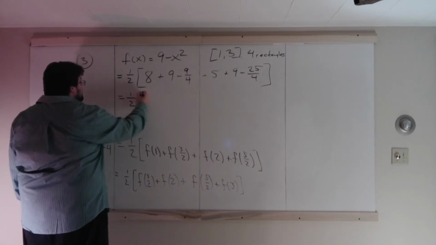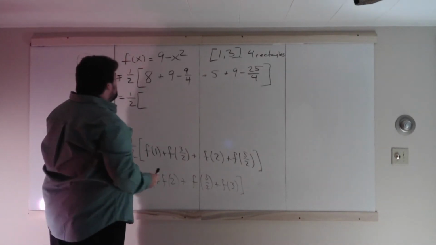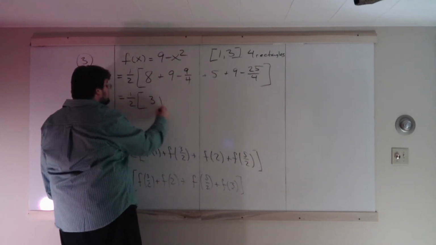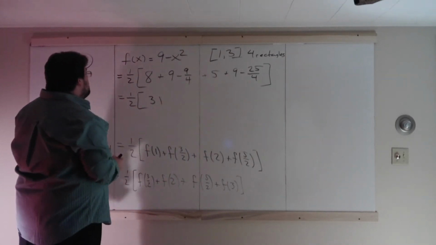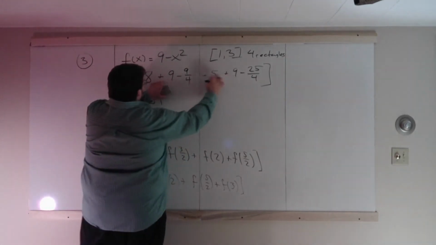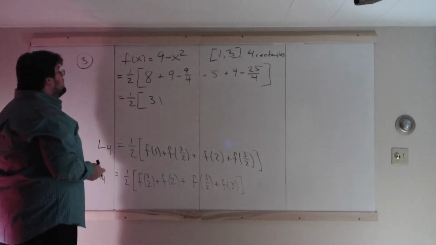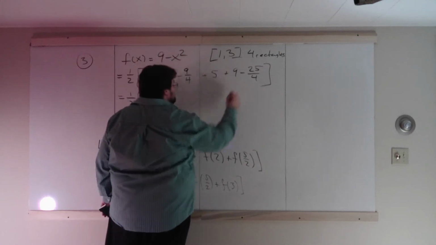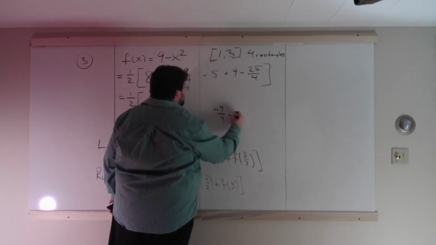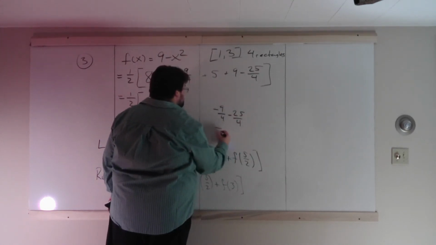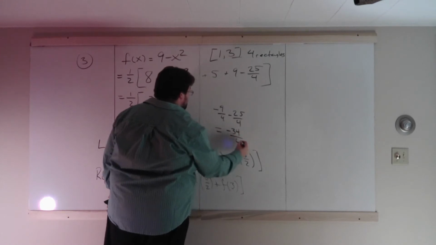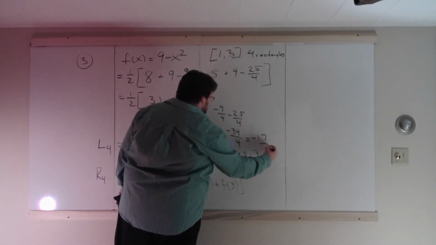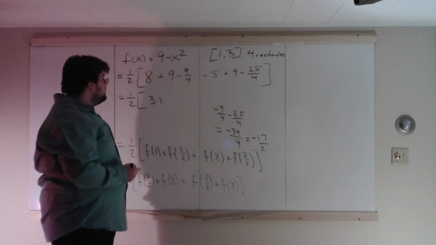And what does this equal? Well, let's combine all the whole numbers. 8 and 9 make 17, 5 and 9 make 14, 17 and 14 make 31. Or you could have done 18 and 13, or something else. And the rest, we have negative 9/4, negative 25/4? Well, that's the same as negative 34/4. That's the same as negative 17/2.